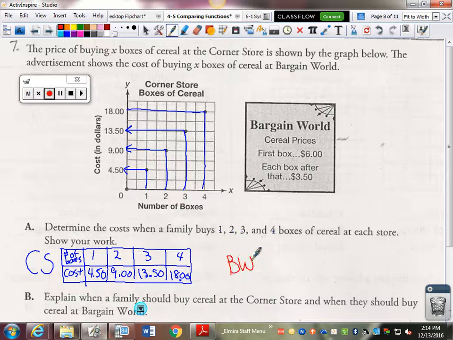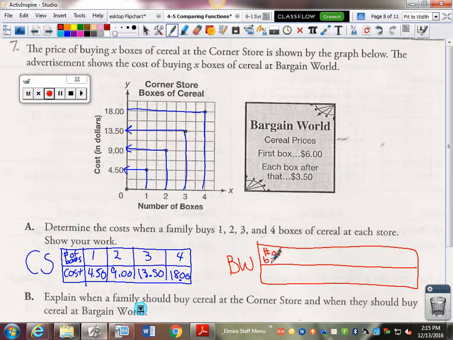Bargain World has a deal going on. Kind of. Doesn't feel like a deal in the beginning. Number of boxes and cost. 1, 2, 3, 4. This says that the first box is $6.